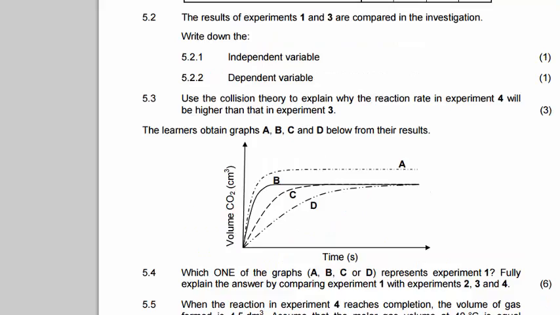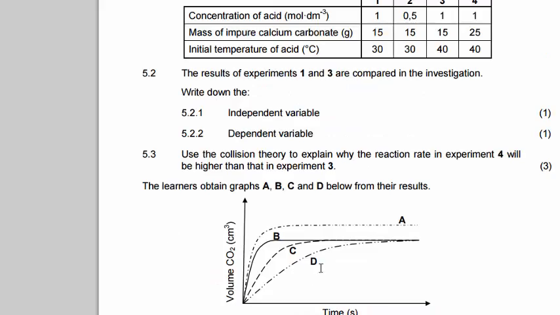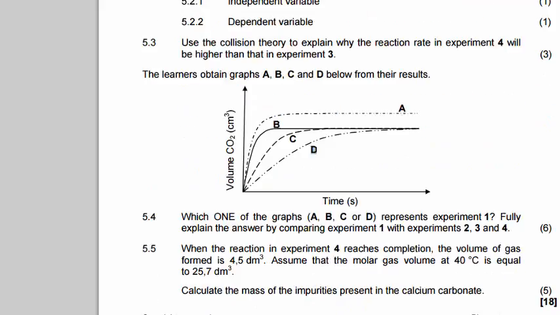Okay, and so here they ask us which one of the graphs A, B, or C represents experiment 1. And we saw that that would be D. And now everything that we talked about now, you will have to explain. And that for 6 marks isn't that bad.